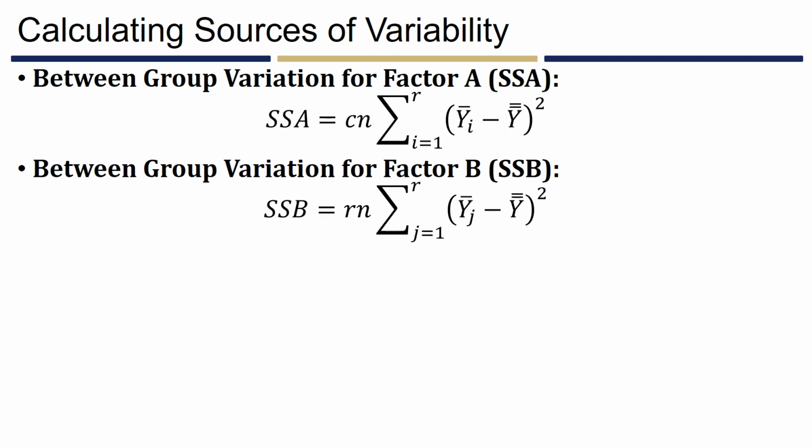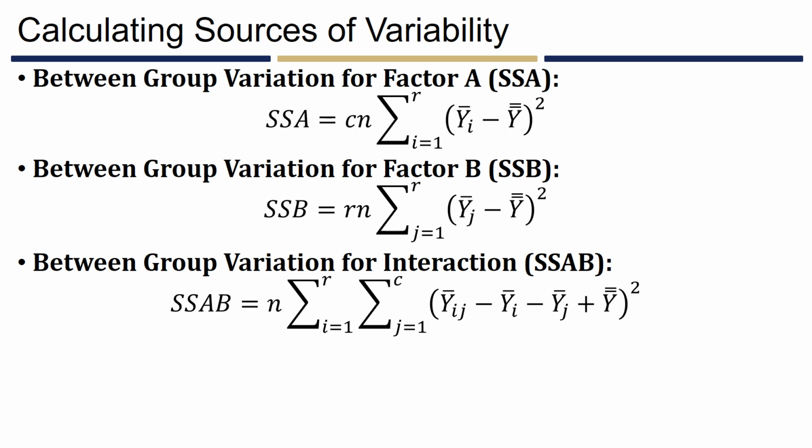The between-group variation for factor B is found in a similar way. Take the sample mean for each group, subtract off the grand mean, square the difference, and add the squared differences together. Then we again multiply by the number of categories in the row variable, as well as the number of observations per cell.